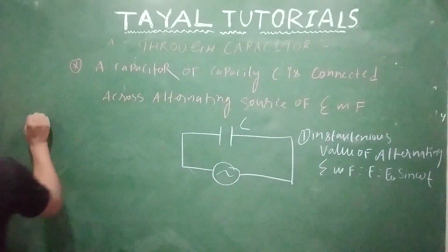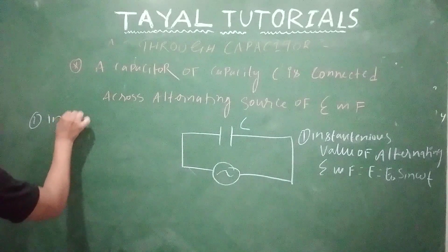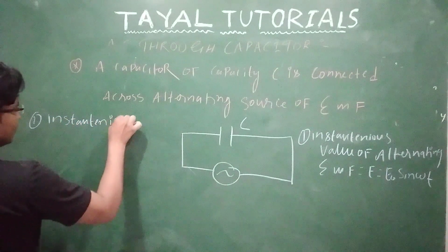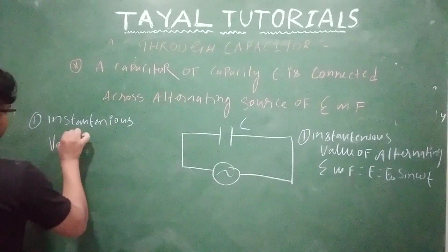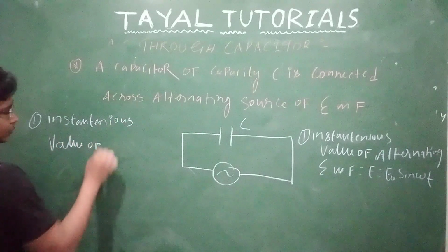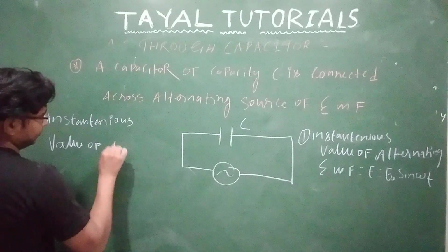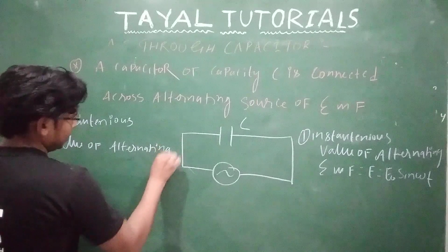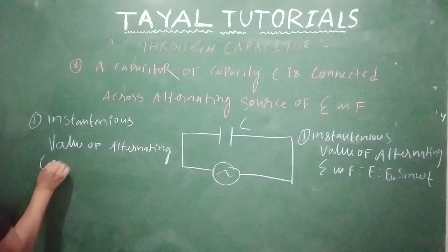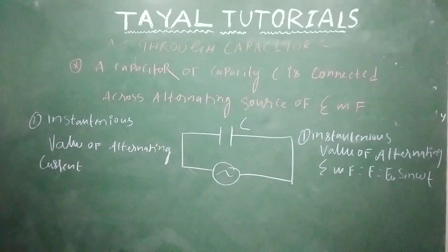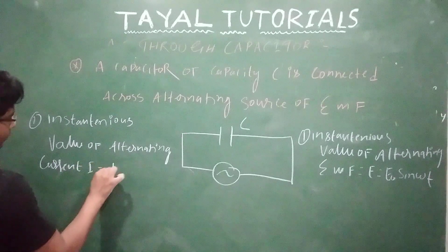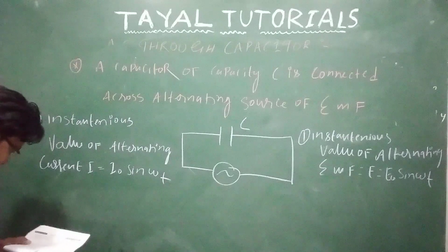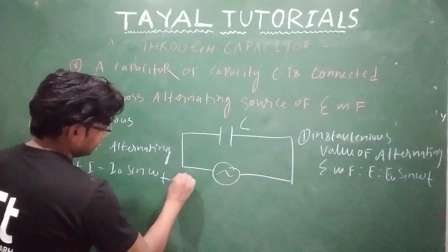Second, the instantaneous value of the alternating current is I is equal to I naught sine of omega t plus pi by 2.